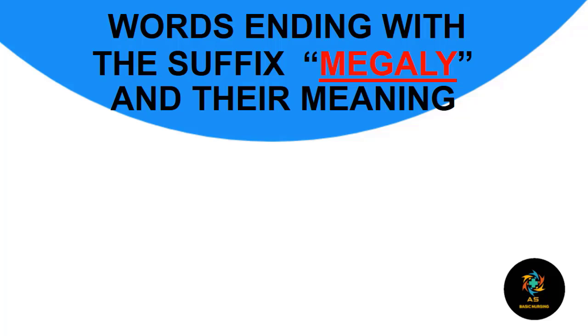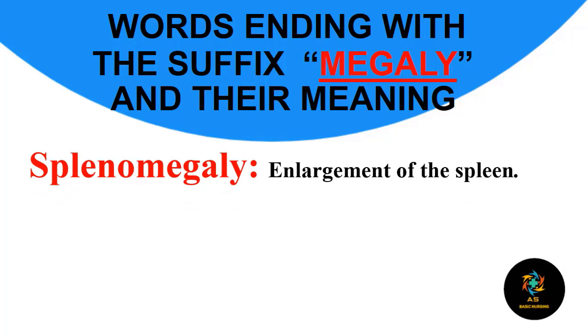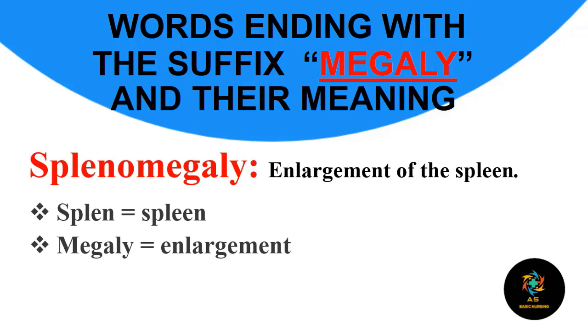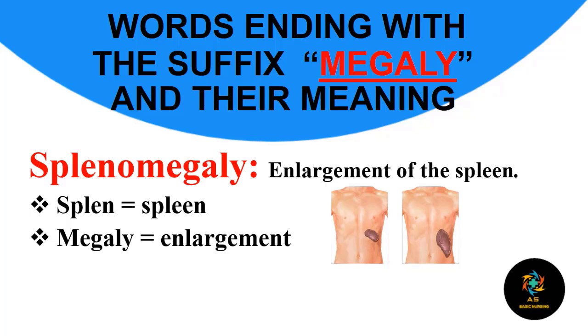Megaly simply means enlargement. The first example we have under this suffix is splenomegaly, which means enlargement of the spleen. Spleen, which means the spleen itself, and megaly means enlargement. So, enlargement of the spleen.